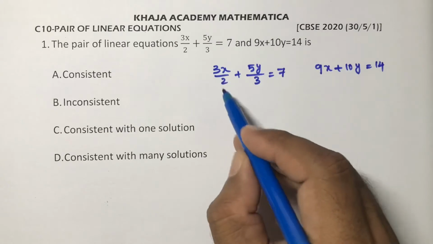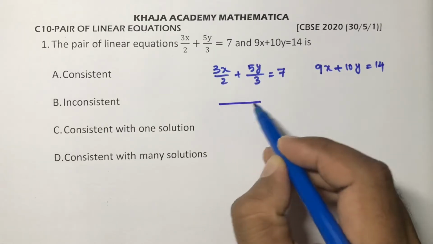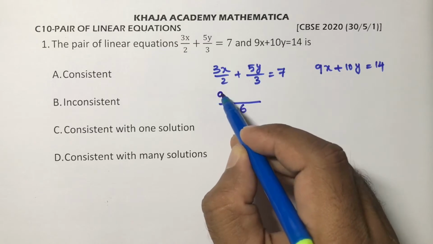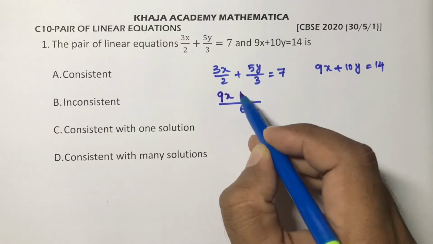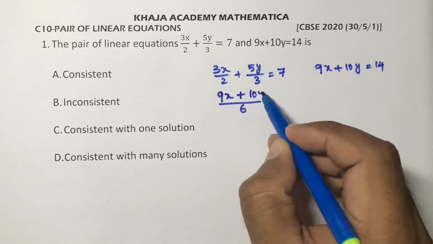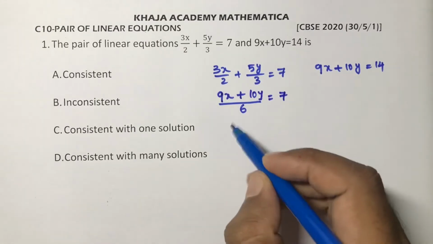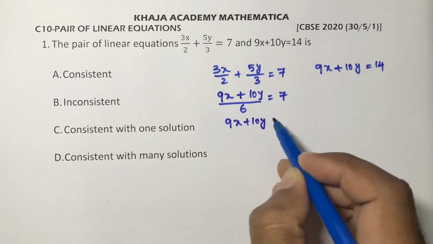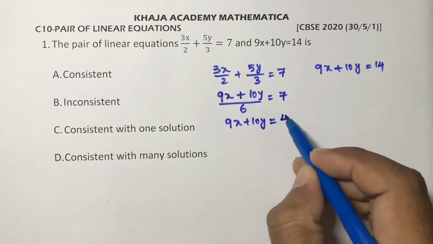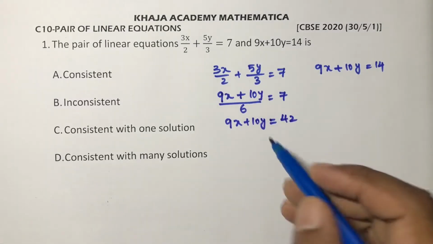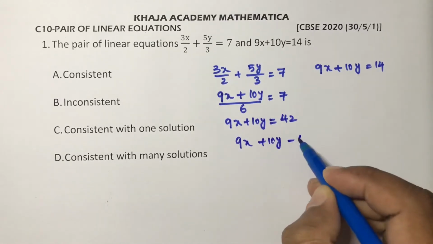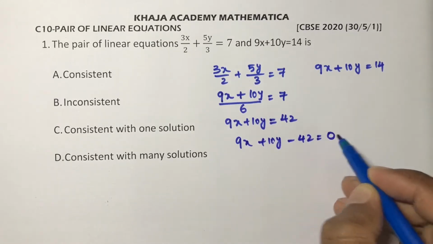First take the LCM so that it will be easy. Here it becomes 9x plus 10y equals 7 times 6, 42. So write in the standard form, 9x plus 10y minus 42 equals 0.